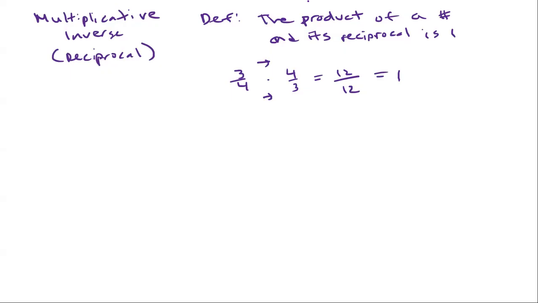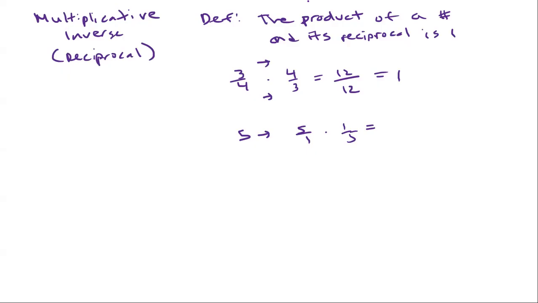So another example would be 5. Well, it's just 5. It's not in fraction form. Well, technically, I can rewrite 5 as 5/1. Would you agree that 5/1 is the same thing as 5? Yes, it is, right? Because 5 divided by 1 is 5. All right. So if you just have a number like this, you could always rewrite it as 5/1. Okay. And then the reciprocal of that, or the multiplicative inverse, is just 1/5.